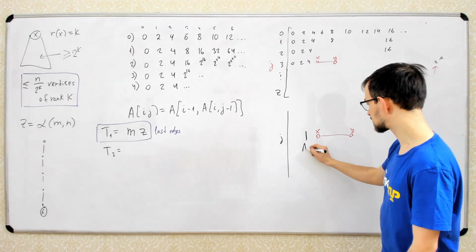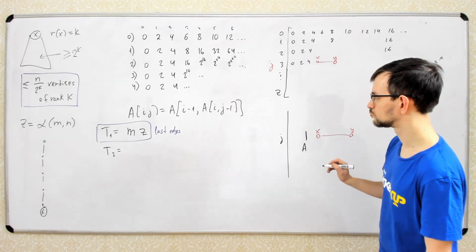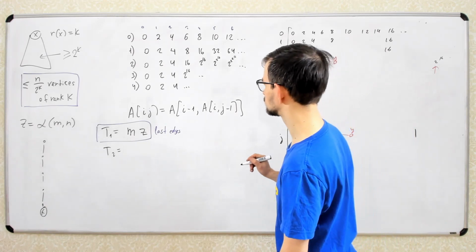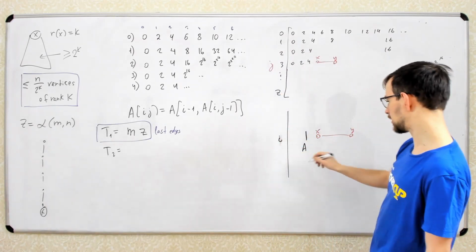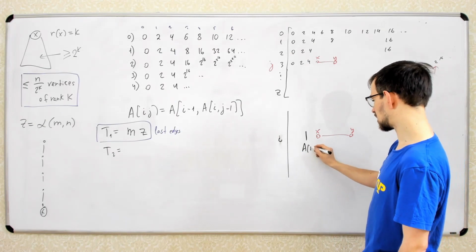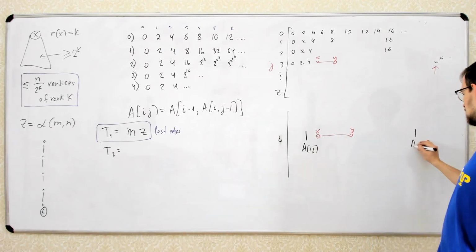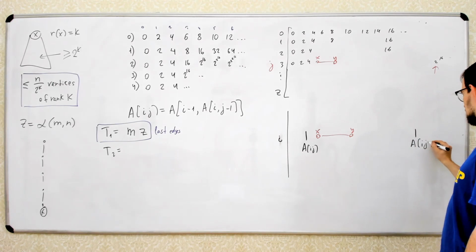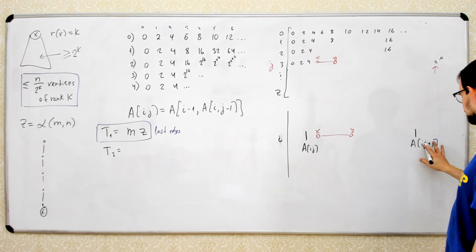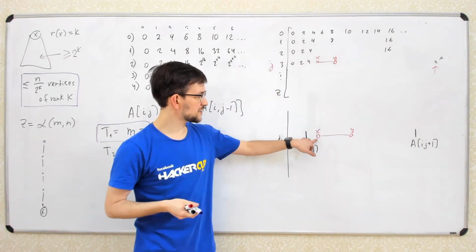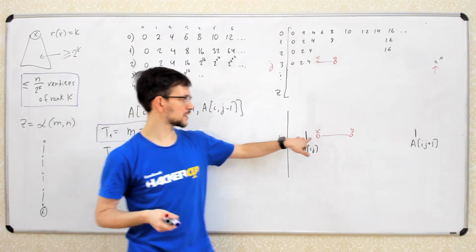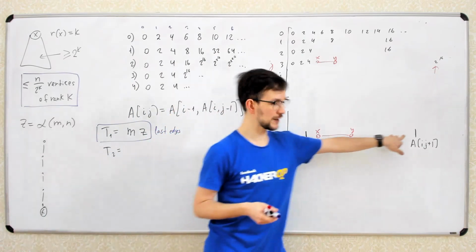So if the class equals I, so this is a_ij, and this is a_ij plus 1, it means that these two ranks are between these two values.